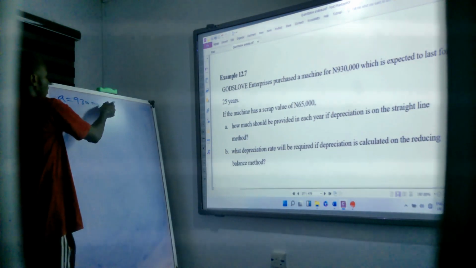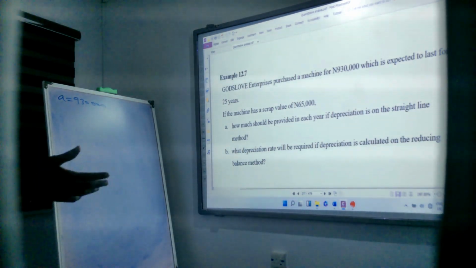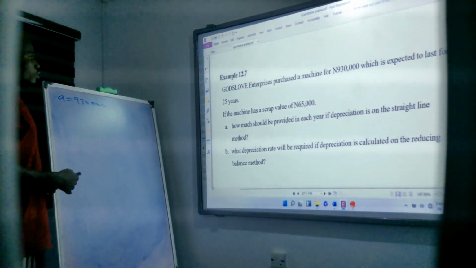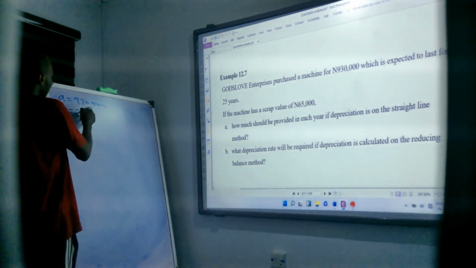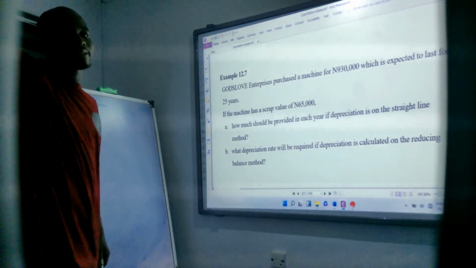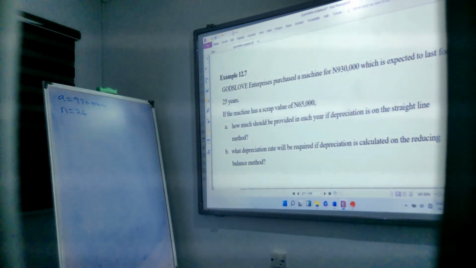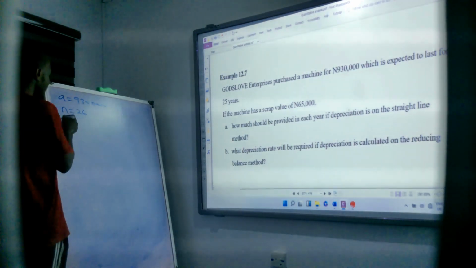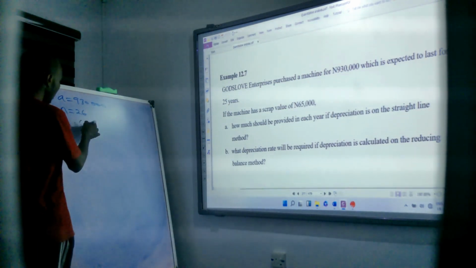The first term is actually 930, and the depreciation is not coming up until the end of that year, so our n in that case will be 26, not 25, because it's occurring at the last year. So you must always add one to the period.